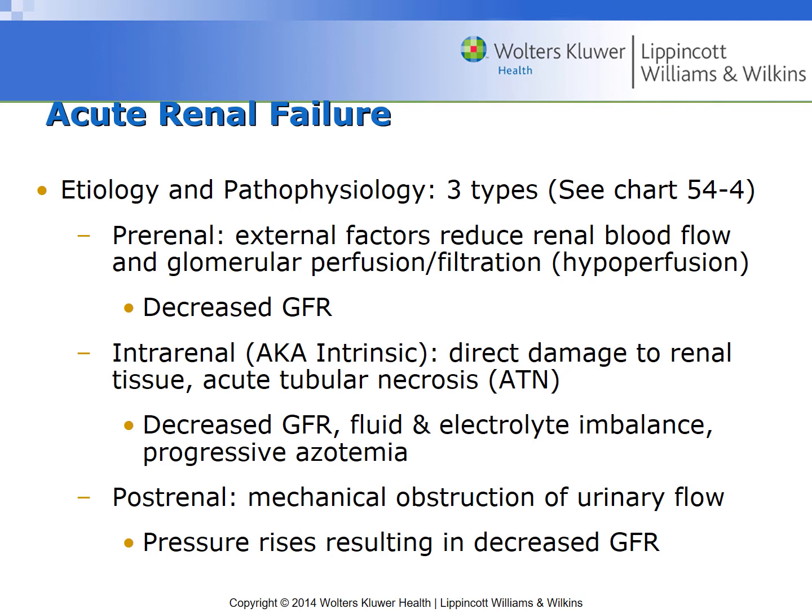So anything below 65 is going to cause a problem with renal function and cause damage to the kidneys. Also, toxins or nephrotoxic meds such as aminoglycosides or contrast media that's used for X-ray procedures.